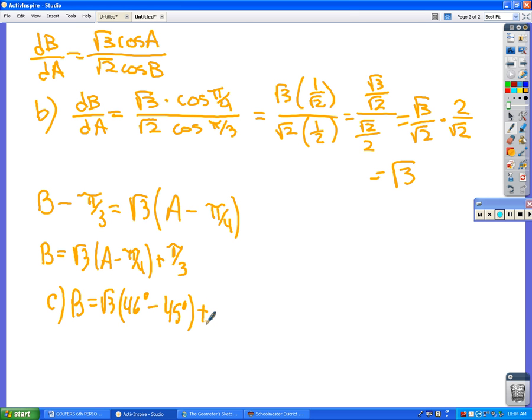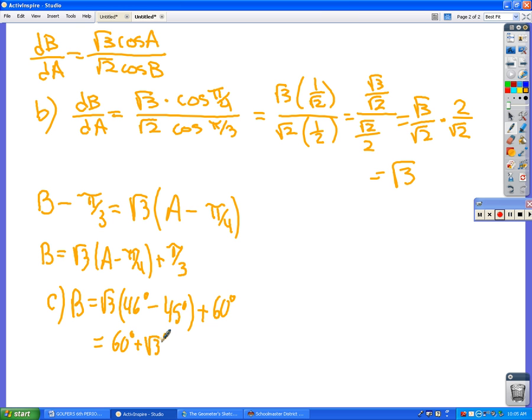Okay, plus how many degrees is pi over 3? That's a third of the way from 60. Okay, so my exact answer would be, if I subtract those, I'm going to get 1 degree times root 3, so it's going to be 60 degrees plus a root 3 degree.